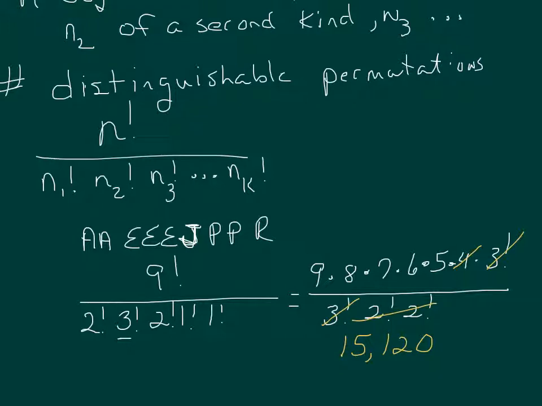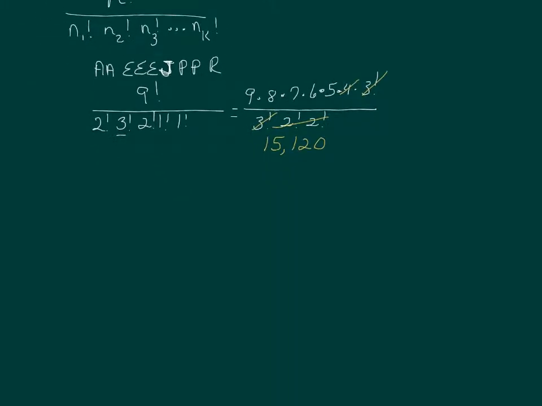So just a quick review of distinguishable permutations. We talked about it briefly last class, but this is just another example. Now with permutations, order is important, but sometimes order is not important. And if order is not important, then we are going to use combinations.